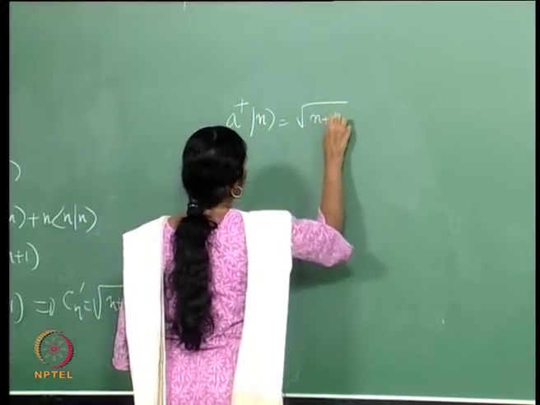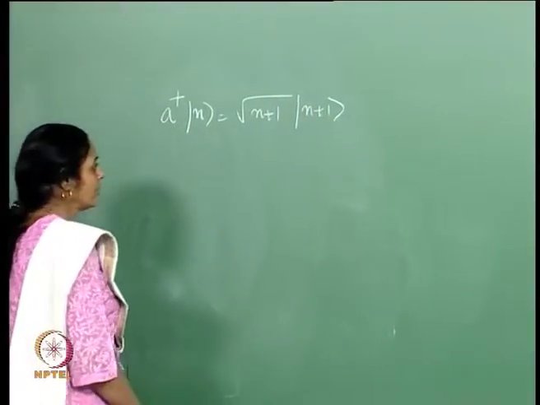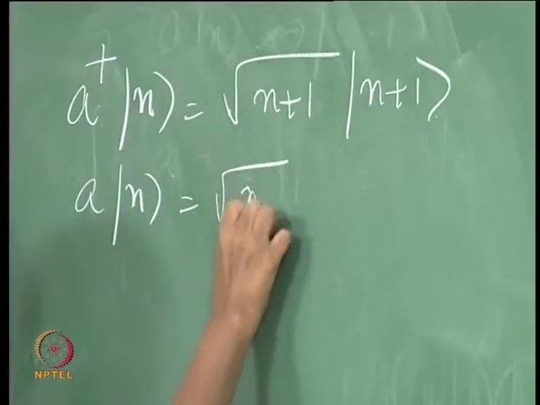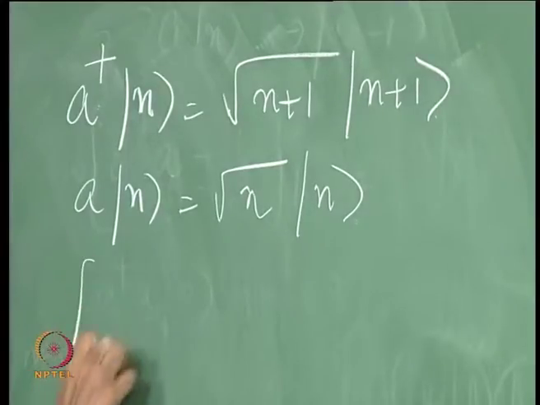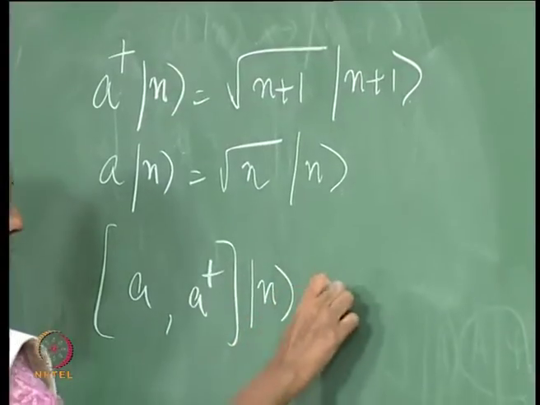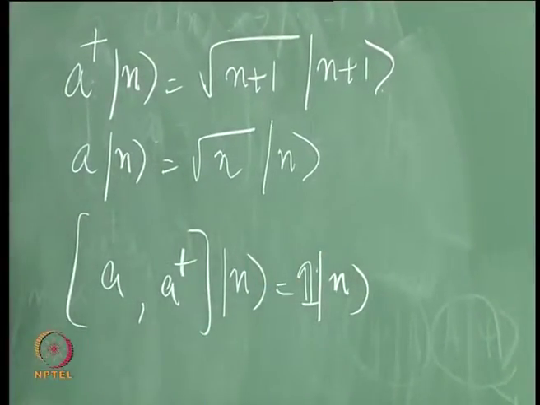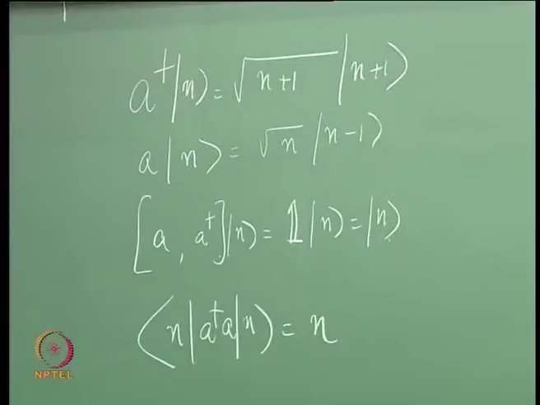So I have A dagger on ket n is root of n plus 1 ket n plus 1, and A on ket n is root n ket n minus 1. I also have A dagger A acting on any of the states ket n is like the identity operator acting on the state ket n, n minus 1 here. So this is the algebra of operators that I have.